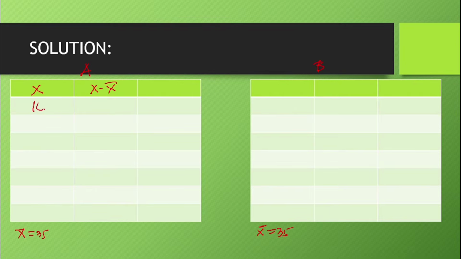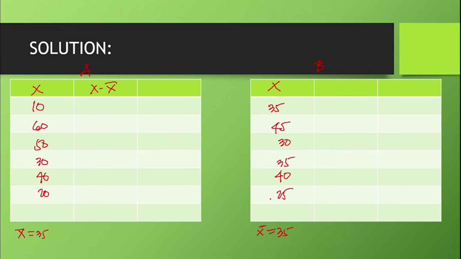The data is 10, 60, 50, 30, 40, and 20. We are going to write also the data here, which is 35, 45, 30, 35, 40, and 25.